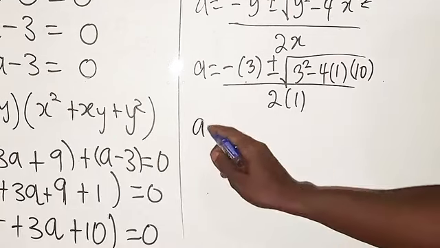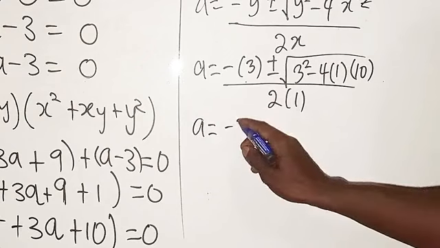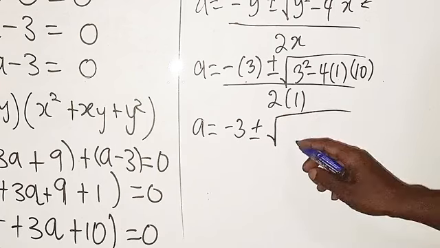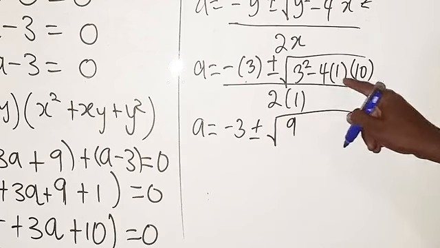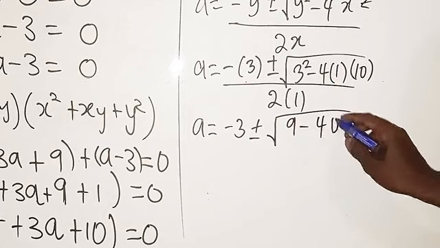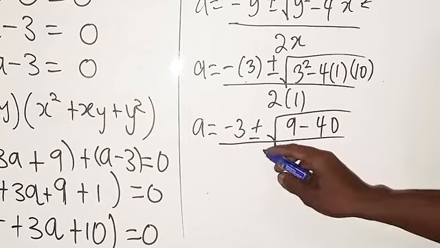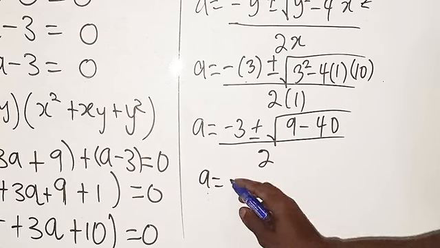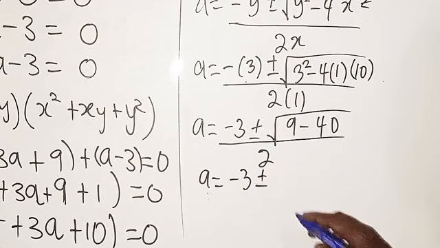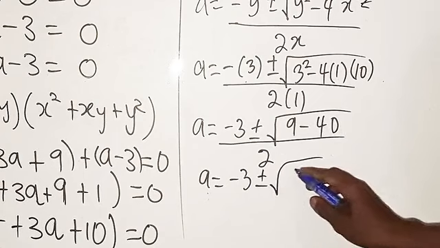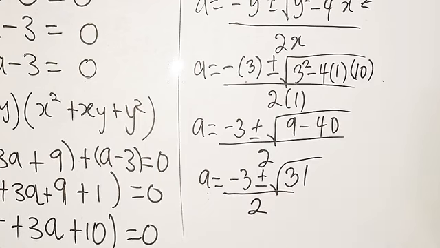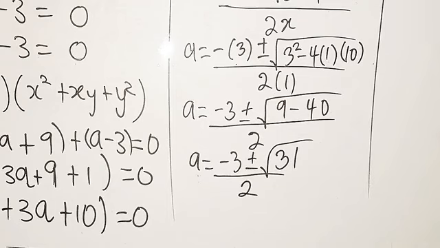So now we have a equals minus 3 plus or minus the square root of 3 squared, which is 9, minus 4 times 10, which is minus 40, then divided by 2. So we have a equals minus 3 plus or minus the square root of minus 31, divided by 2. Are you following?